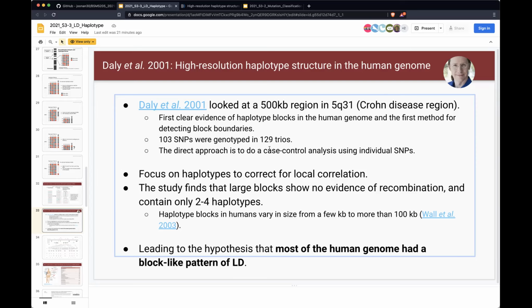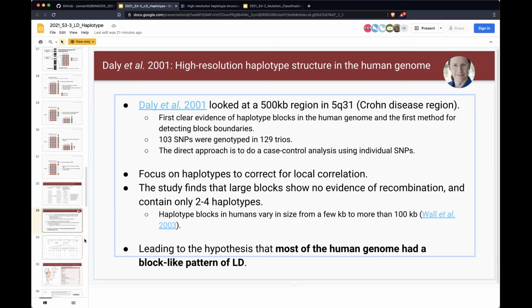They took the direct approach of looking at all the nucleotides in the region, which is quite expensive information, and looked at how well and how frequently haplotypes form in the region, right?